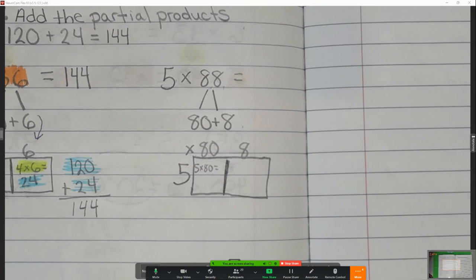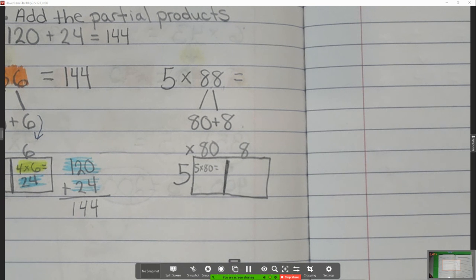Oh, we worked on that last week. Remember, anything with zeros, all we need to do is a fast fact. Emily, so what is 5 times 80? You're giving me the whole answer, the whole product.